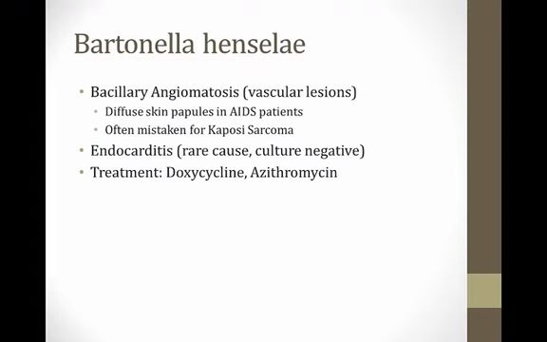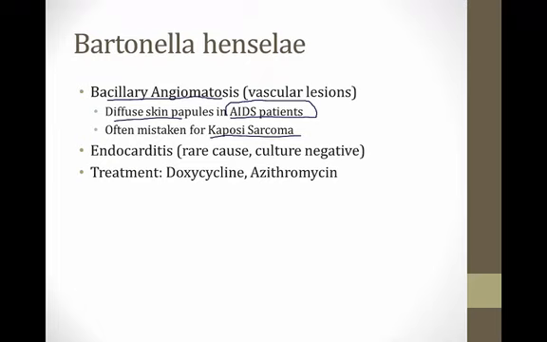Two other conditions that Bartonella can rarely cause are bacillary angiomatosis and endocarditis. So bacillary angiomatosis is a vascular lesion of the skin. These patients get diffuse skin papules, and this only happens in people with HIV/AIDS. And one tricky thing about it is the lesions look very similar to Kaposi sarcoma, which is a tumor that AIDS patients get caused by a virus, and it can be hard to tell the two apart.